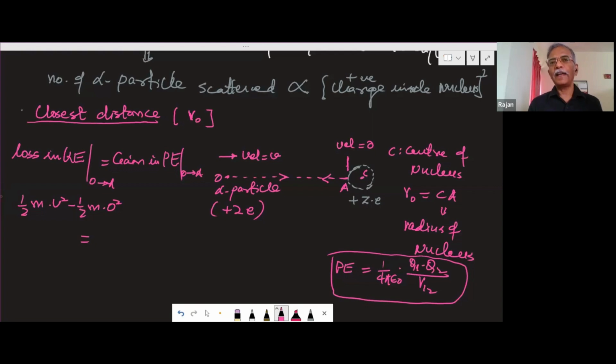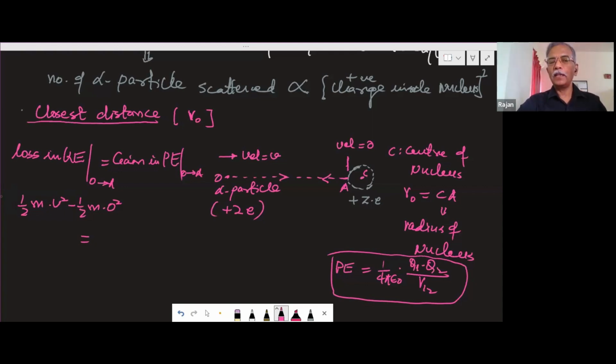So for me, the distance of the sun from the Earth is infinite. Same way, C to A is very small, in the order of 10 to the power minus 14, as we had seen earlier. So the distance of C to O can be taken as infinite.